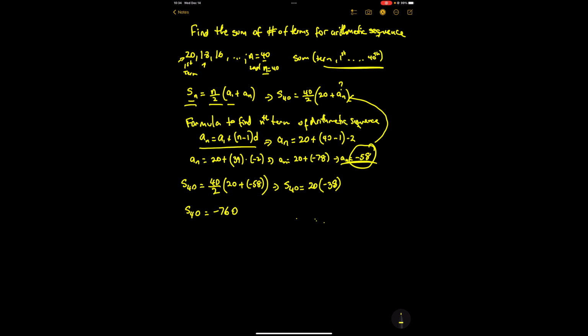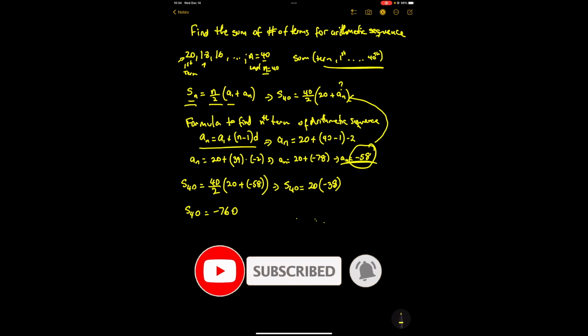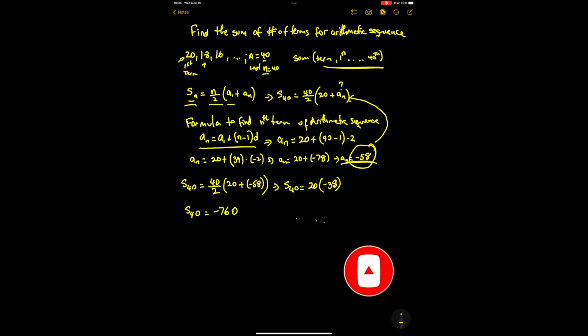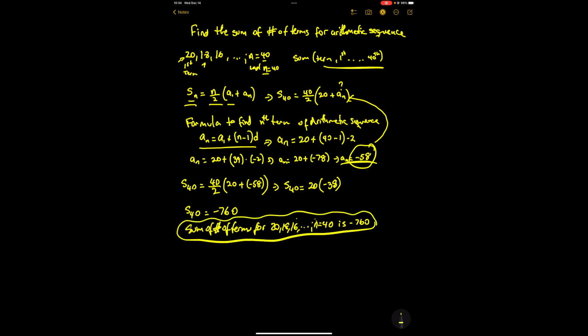That means the sum of the number of terms for the sequence 20, 18, 16, where n equals 40, is negative 760. And that's it.